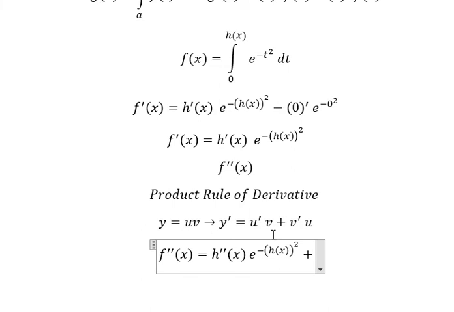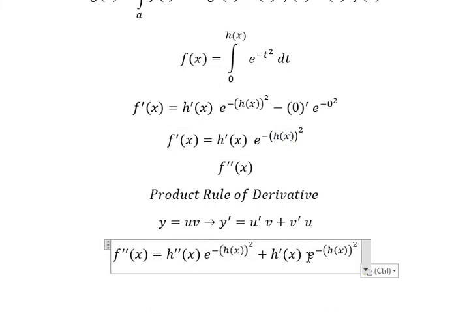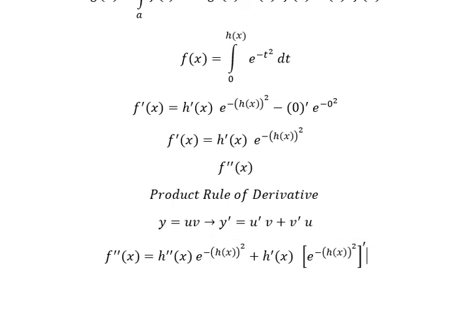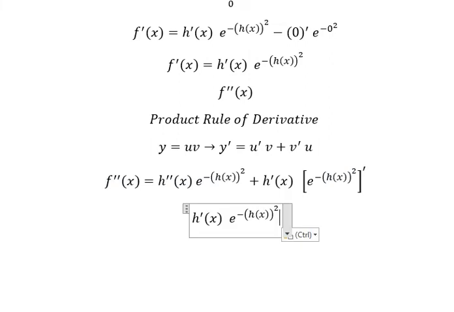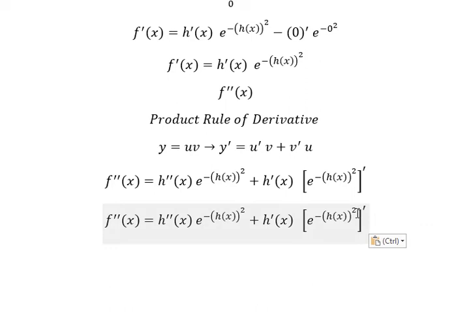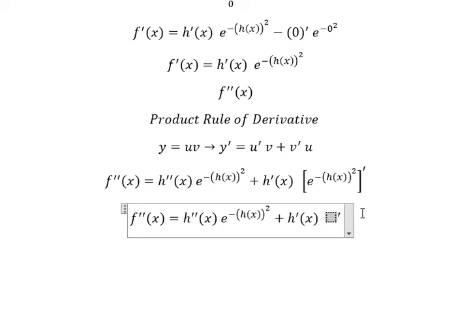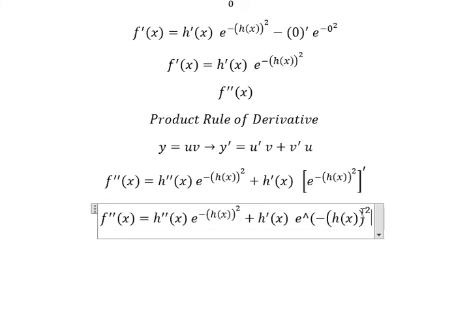Then we take the first derivative of this one. So the first derivative of e to the power of negative h of s to the power of 2, we will have e to the power of negative h of s to the power of 2.